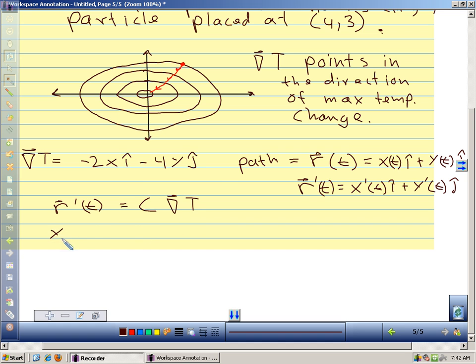So x prime i plus y prime j equals c times minus 2x i minus 4y j.